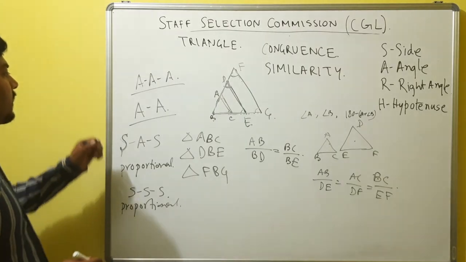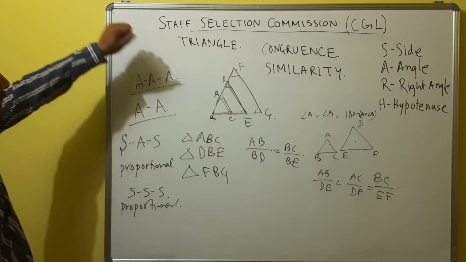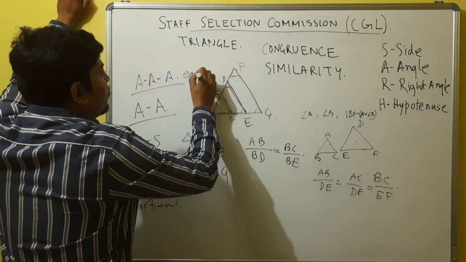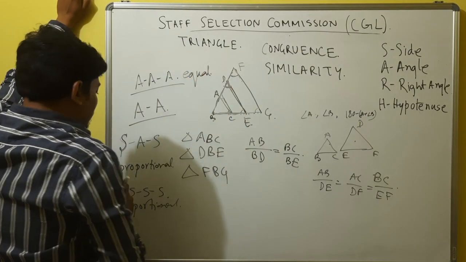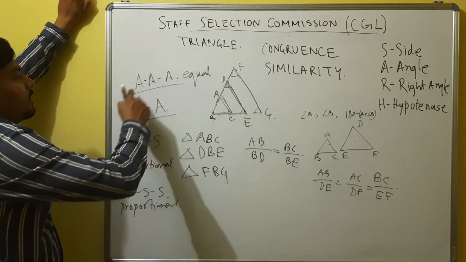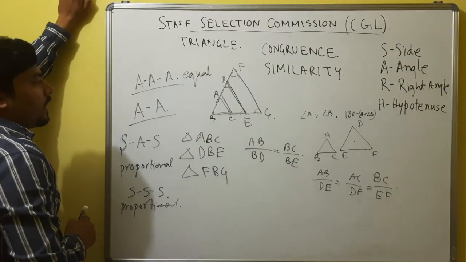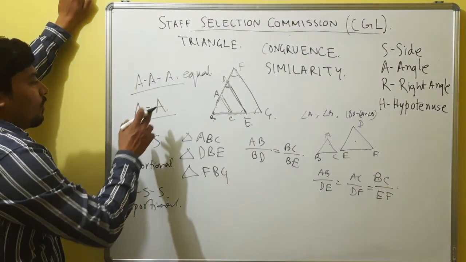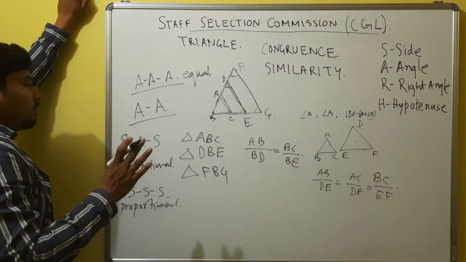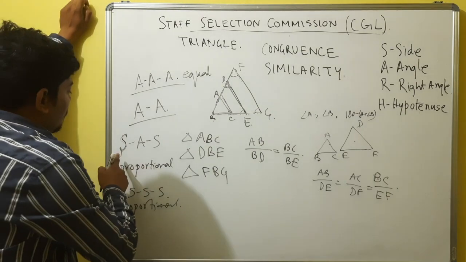So three conditions: AA, triple A. All three angles are equal to the corresponding three angles of another triangle. Angles are always equal, and sides are always proportional for similarity. If only two angles of one triangle match two angles of another triangle, they are similar.